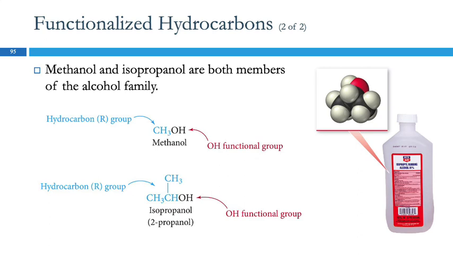Methanol and isopropanol are both members of the alcohol family because they both have this OH functional group. So this is methanol, it has 1 carbon. The ol part is because it's an alcohol. This is isopropanol. Prop means 3, right? So this one has 3 carbons. So you see how the names kind of go in there.